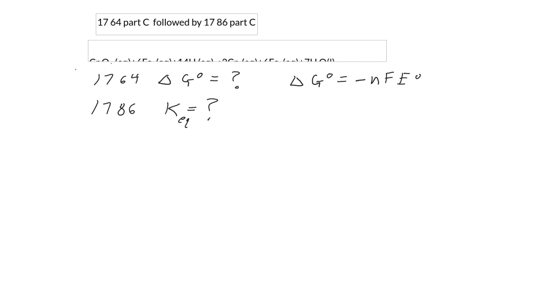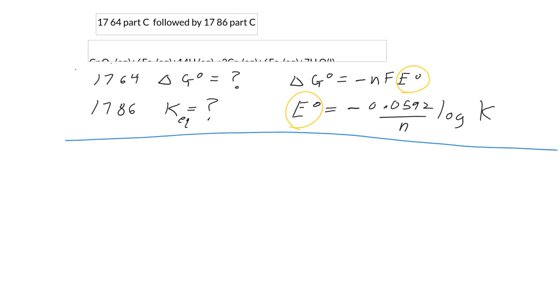There, they're going to use the equation where the standard cell potential equals the negative of 0.0592 divided by n times the log of K to solve for K. In both of these scenarios, the first thing we need to do is find that cell potential. So that's the reason I'm combining these two problems, in addition to saving me some time.